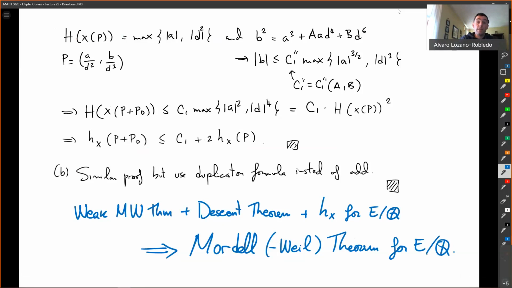And the weak Mordell theorem actually gave us a bound for the rank of the elliptic curve, so that's awesome too.